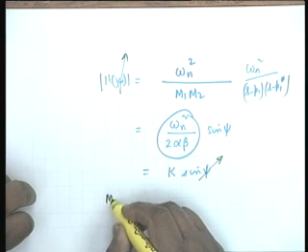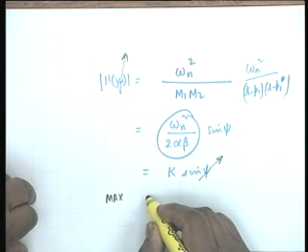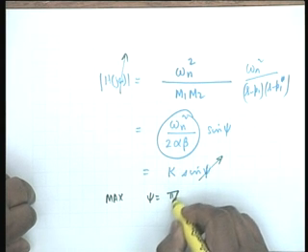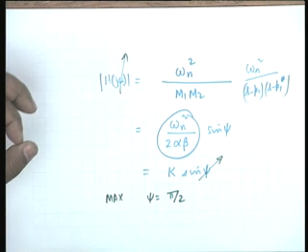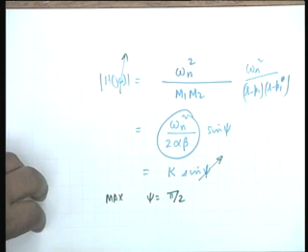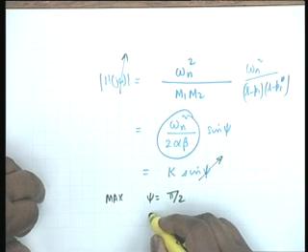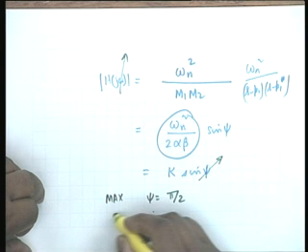Which is a very interesting phenomenon, because you notice that the maximum will occur when psi is equal to pi by 2, because the maximum value of sine psi is 1, which occurs at psi equal to pi by 2, and the maximum value is equal to k.